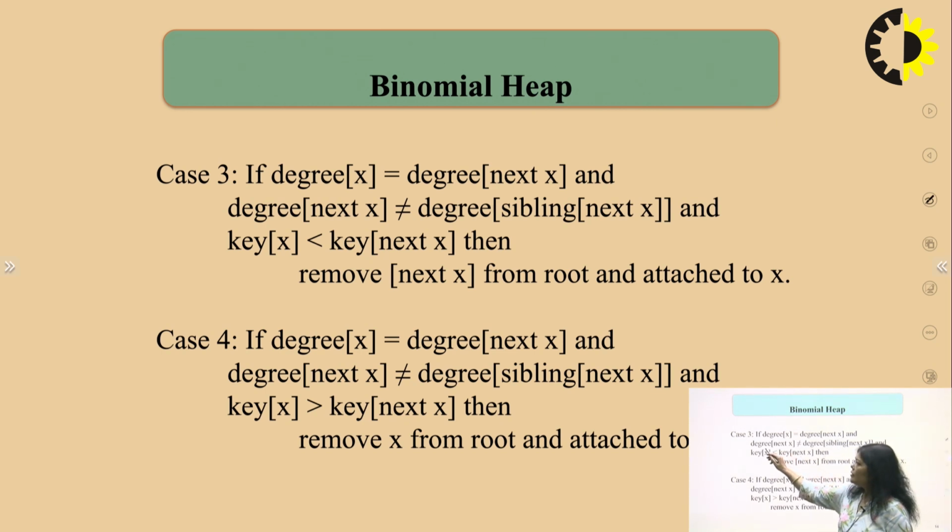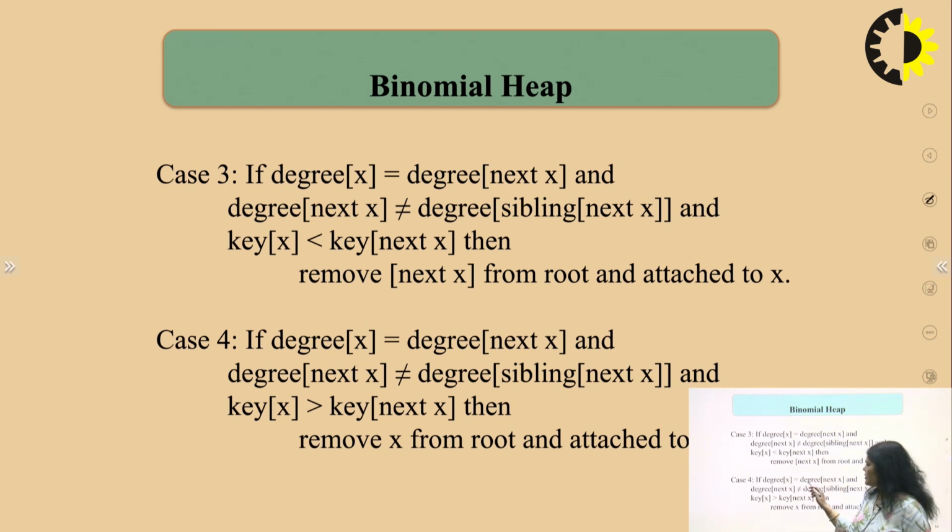That we need to check whether the degree of this next binomial tree of X is not equal to the sibling of the next of X. So if these 2 conditions are satisfied, then in that case the third condition that we need to check is that the key of X should be less than key of next of X. If these 3 conditions are satisfied, then what operation we are going to do? That we are simply removing the next X from the root, and we are attaching it as a left child of the X.